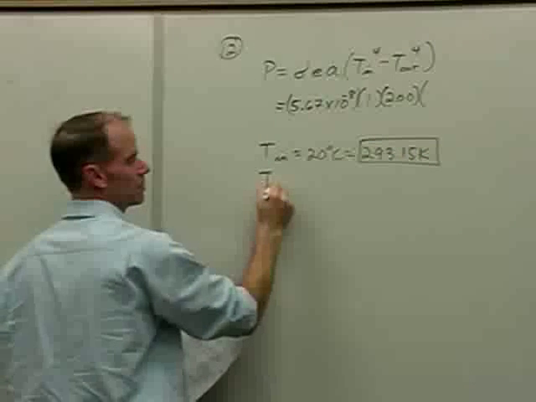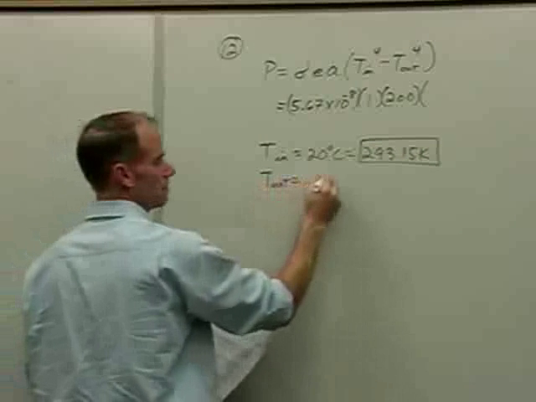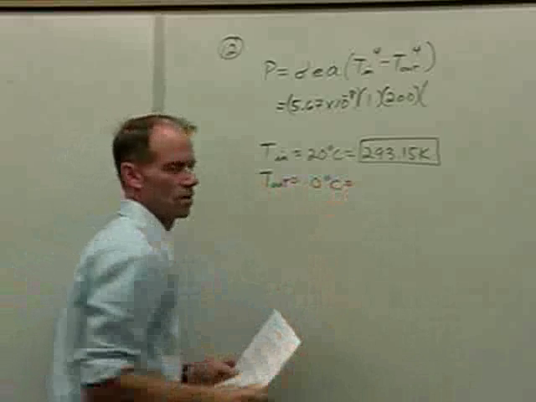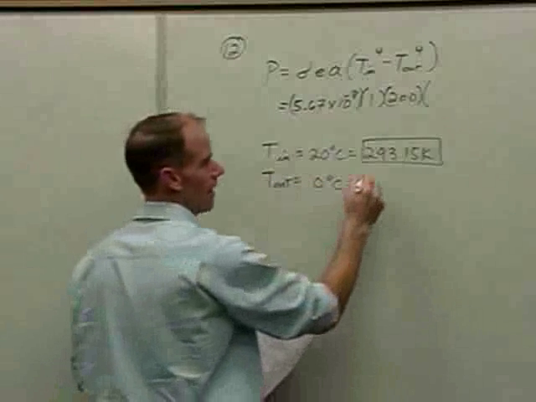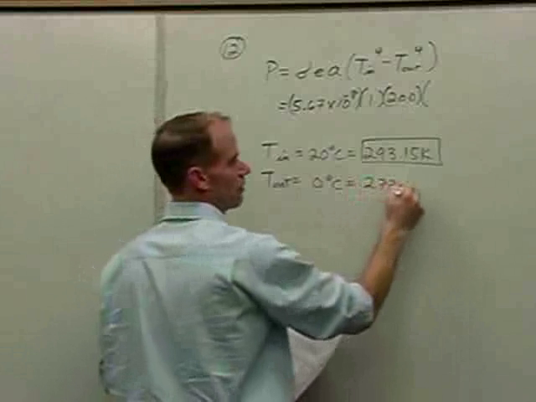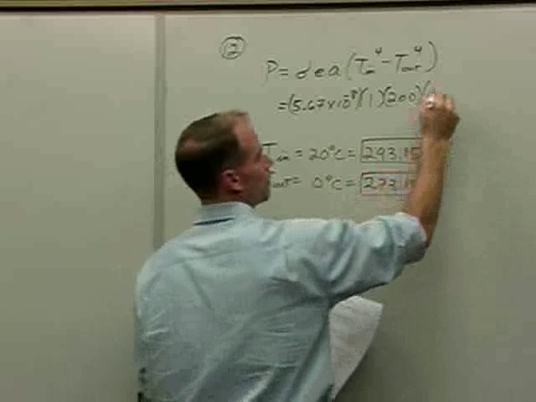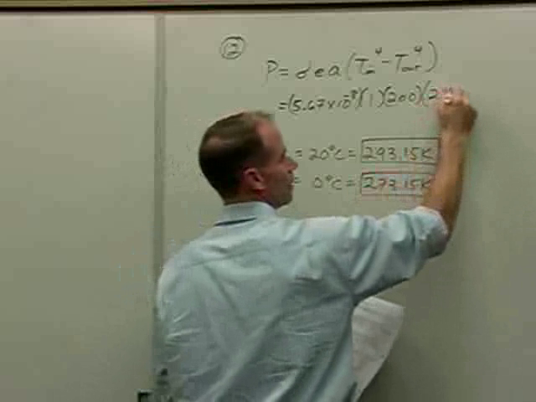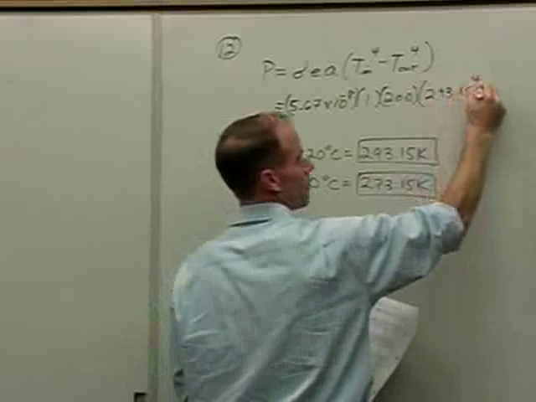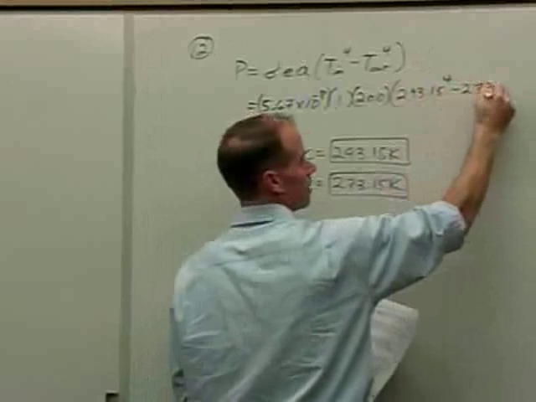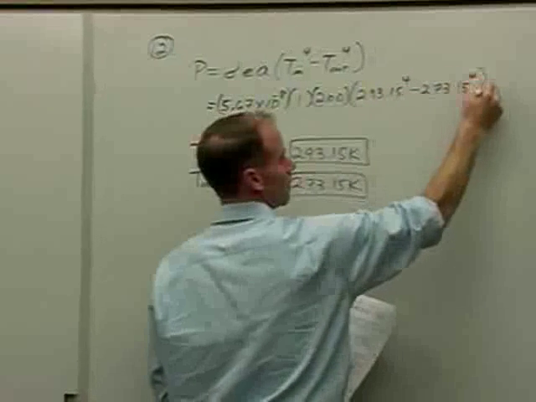And the outside temperature is 0 degrees Celsius, freezing, and that is, of course, 273.15 Kelvin. So we're going to put that up here, 293.15 to the fourth power minus 273.15 to the fourth power.